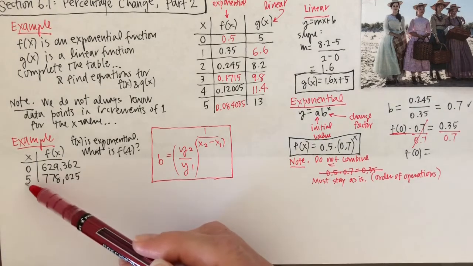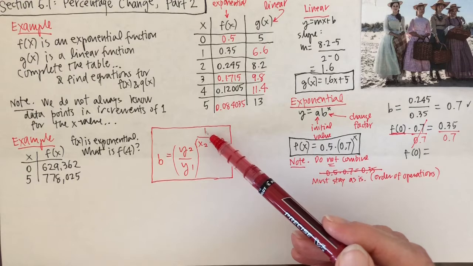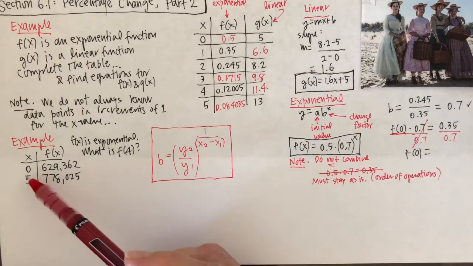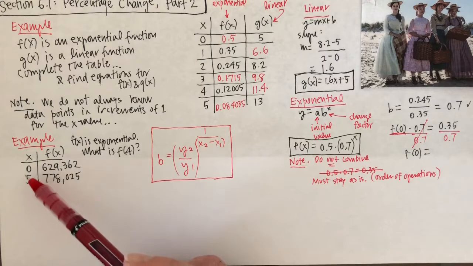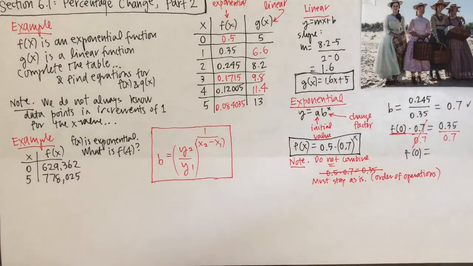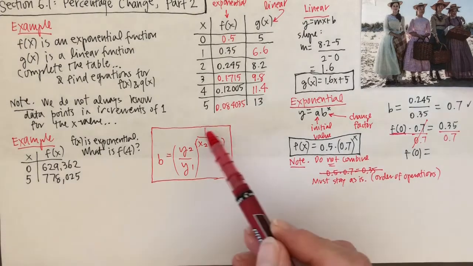So in order to go backwards, we take a root of the change factor, in this case a 5th root, because it was a 5th power as we were building it. So we're going to take a 5th root to unbuild it and discover what it is. So that's what this comes from.